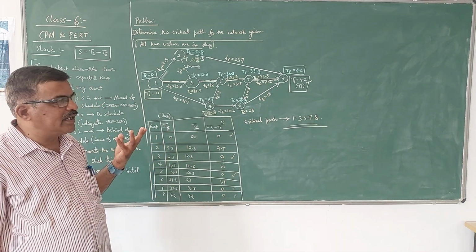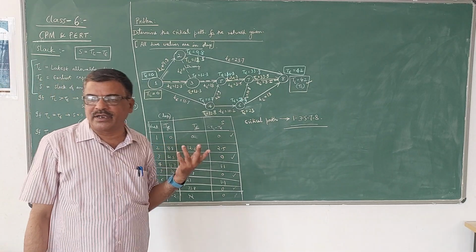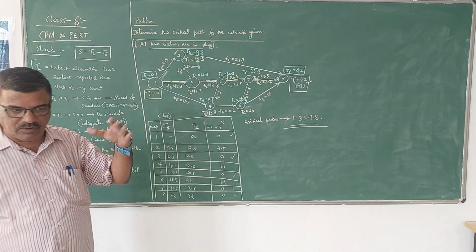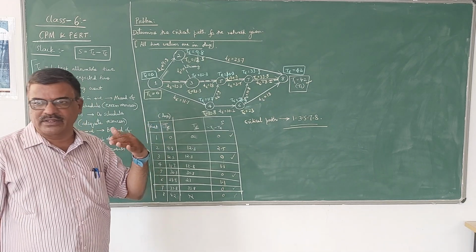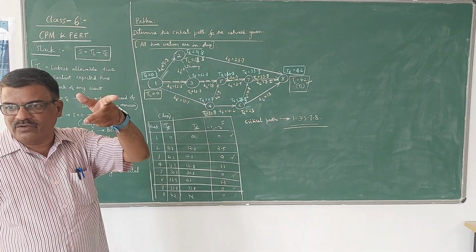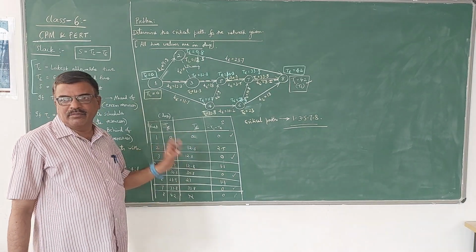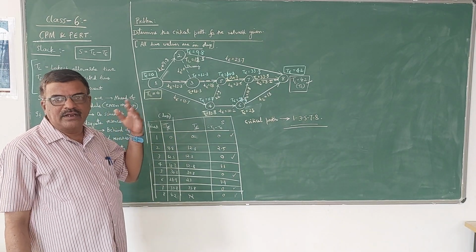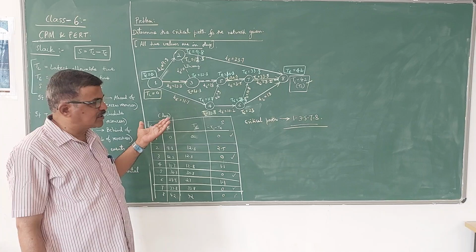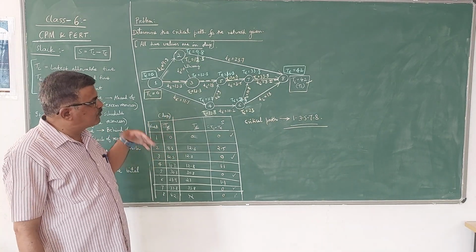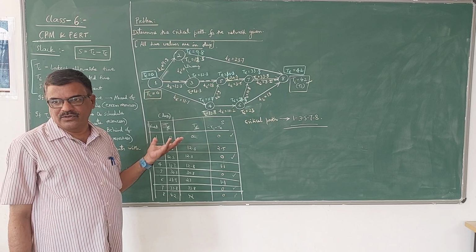When calculating the TE value, we have to take the maximum value among the different paths. For TL, you have to take the minimum value. In the earlier three videos I explained how to calculate TE and TL separately. The same procedure I have used here also.